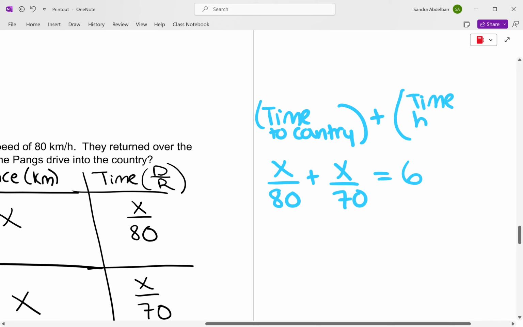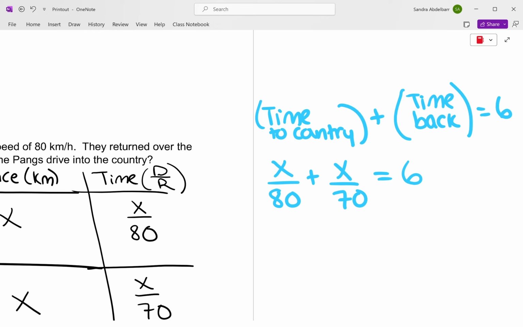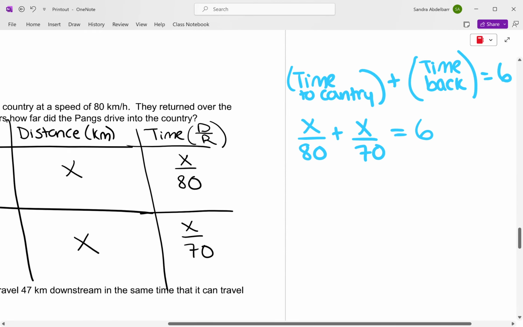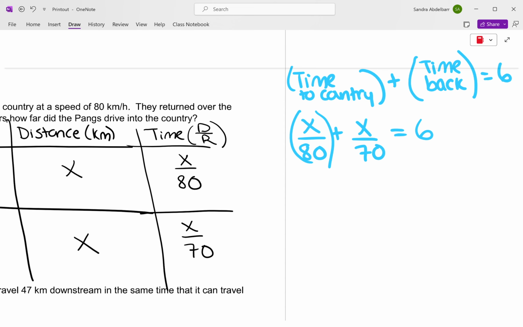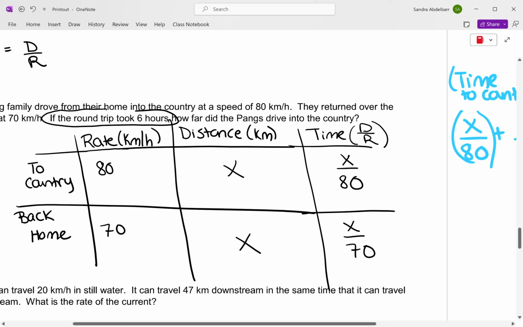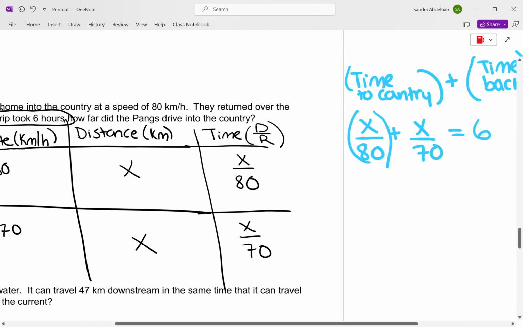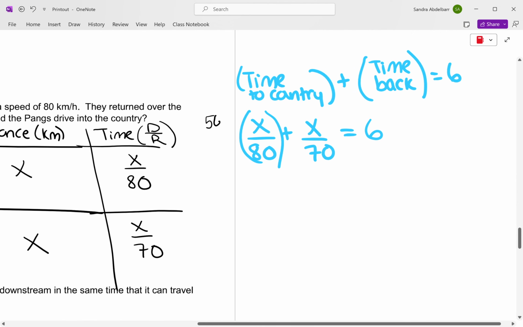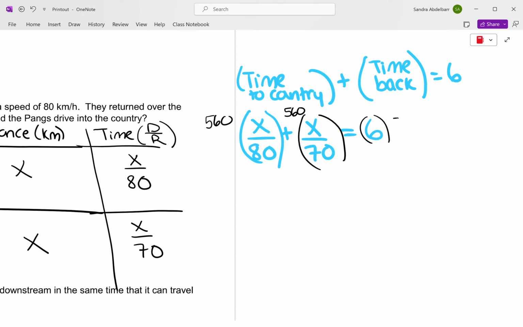And I'll write it out. Time to the country plus time back equals 6. All right, if we multiply everything by 560, if the round trip took 6 hours.